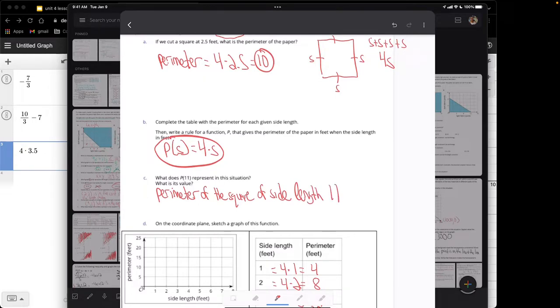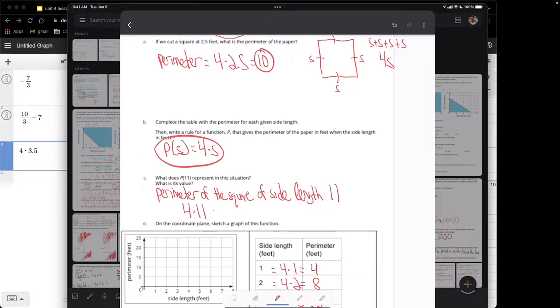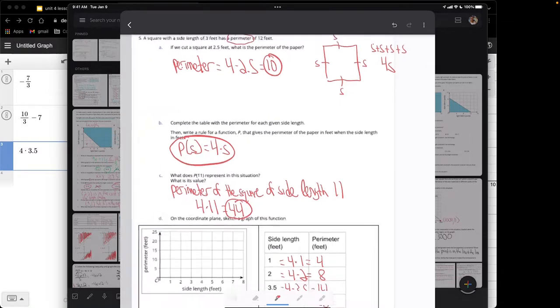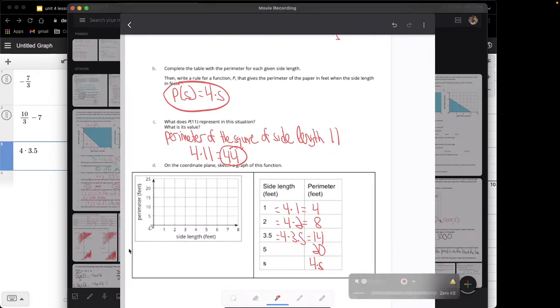So P of 11 means the perimeter of the square of side length 11. What is its value? Its value is going to be 4 times 11, which is 44.